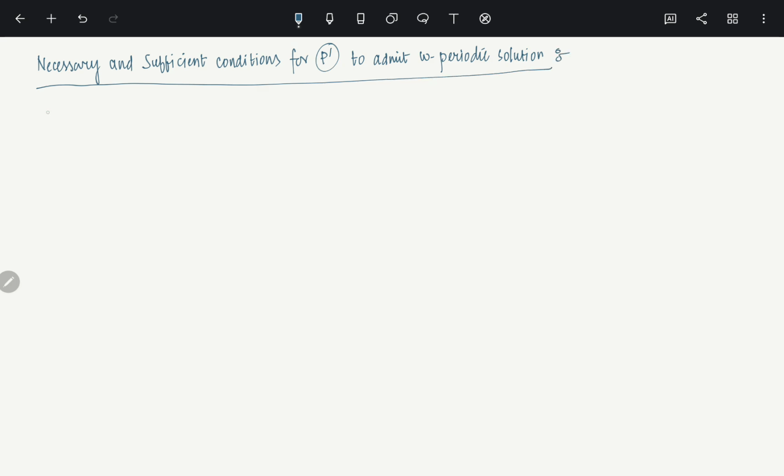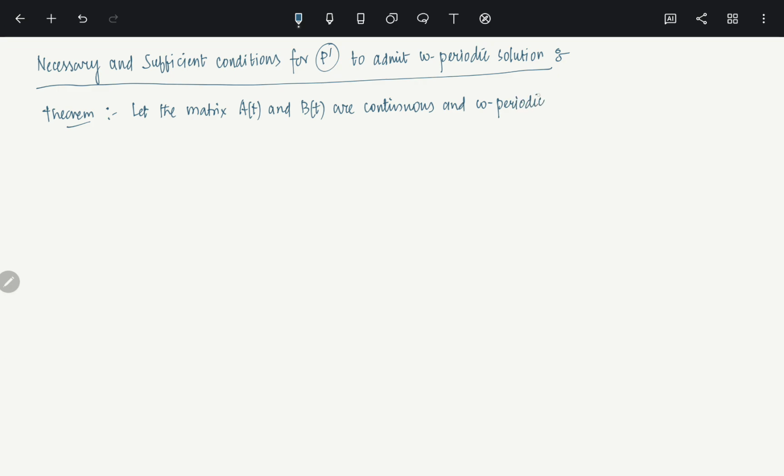So first of all, this theorem. What does the theorem say? It says let the matrix A of t and B of t be continuous and W periodic.